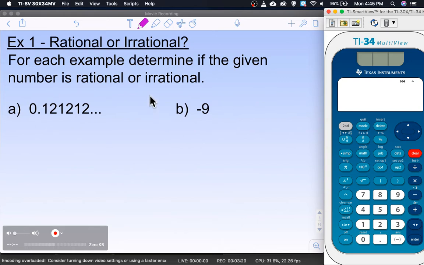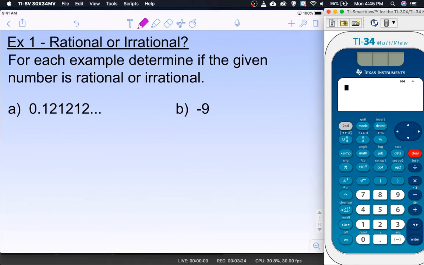Well, is that an integer? No, it's not a whole number. It has a decimal. Is it a repeating decimal? Yes, that's just 0.12 repeated: 1, 2, 1, 2, 1, 2, 1, 2. That is rational.